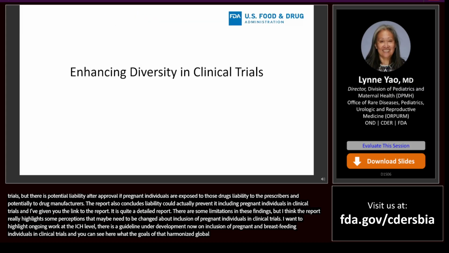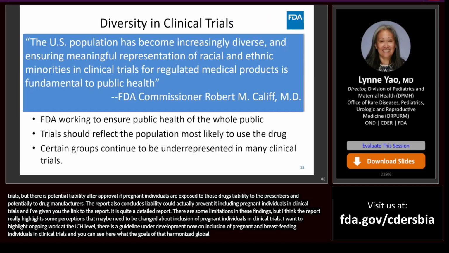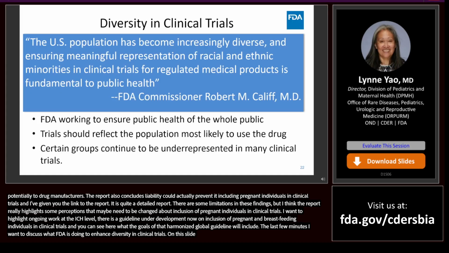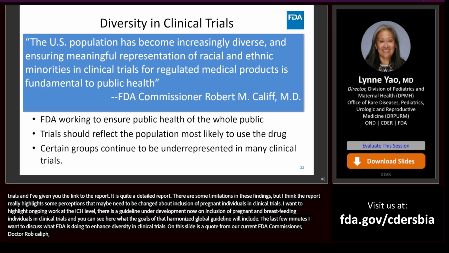So in the last few minutes, I want to discuss what FDA is doing to enhance diversity in clinical trials. On this slide is a quote from our current FDA Commissioner, Dr. Rob Califf. Dr. Califf has made ensuring diversity in clinical trials an important issue for FDA to tackle because it is a fundamental public health issue.